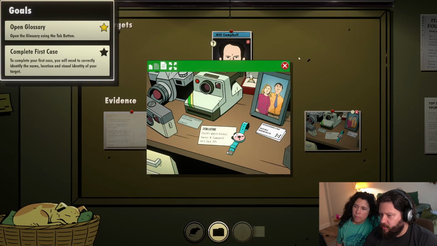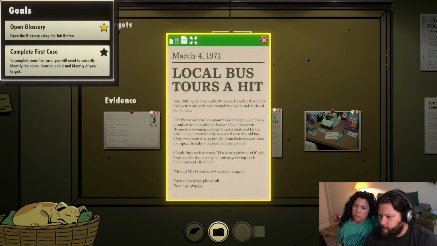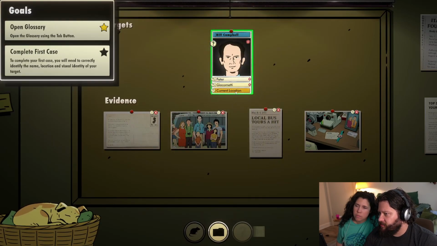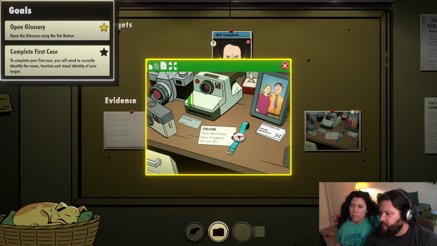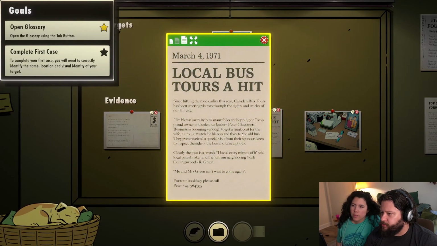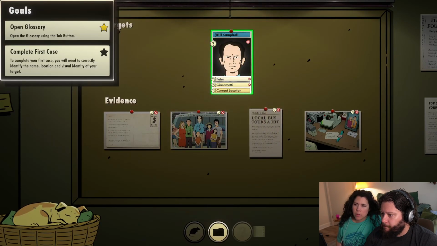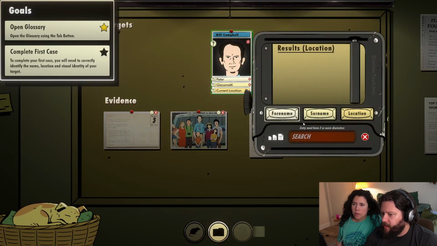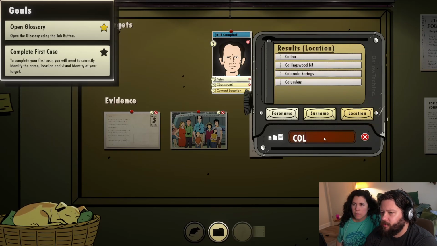Diamonds and Pawn, which was in Collingswood, I think. Does that make sense? Because he's pawning... Because Paul is a friend of R. Green, a local pawnbroker and friend from the neighboring burb, Collingswood. Yeah, I think so. Well, it's at least a place to start.